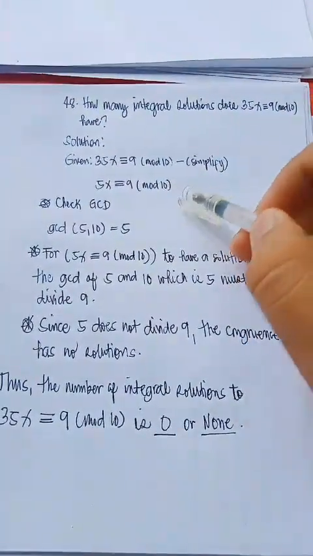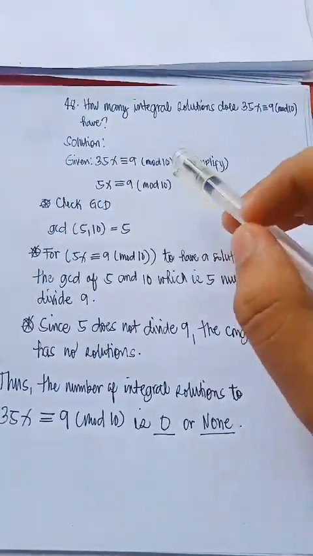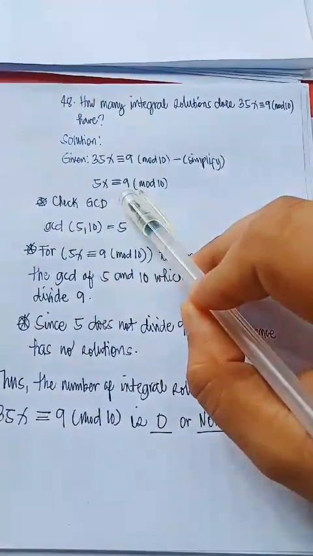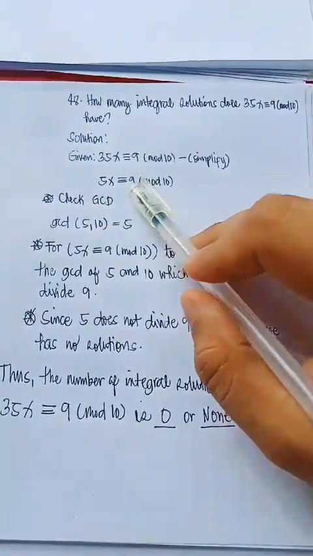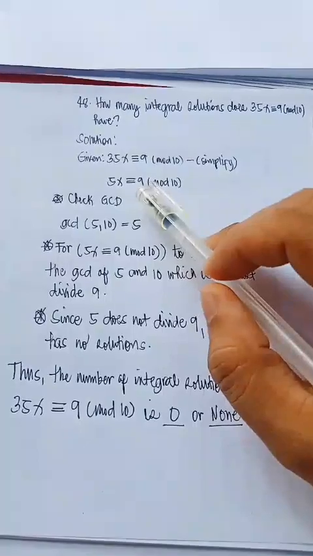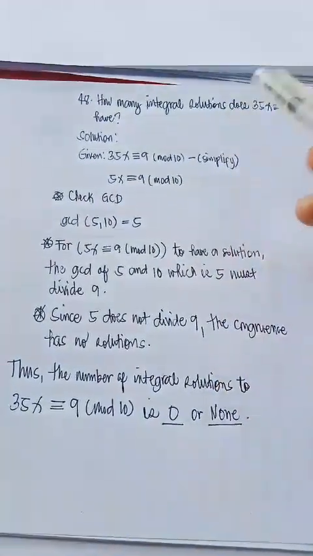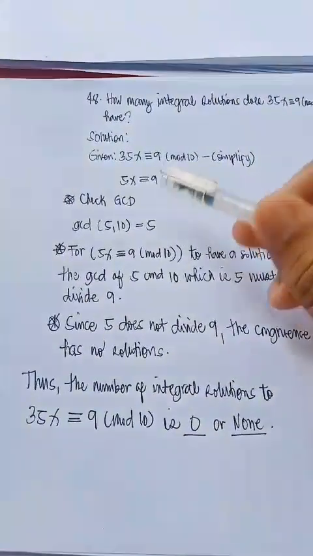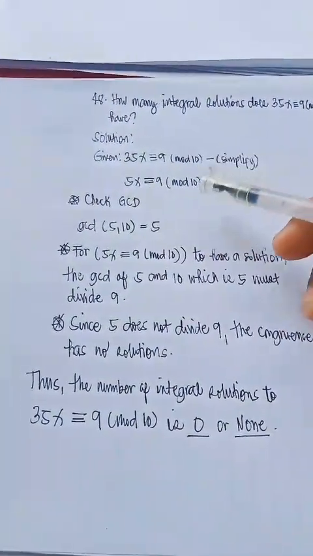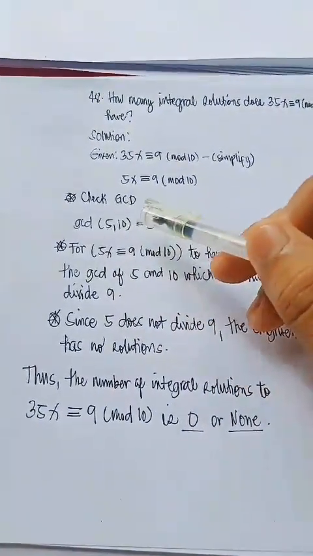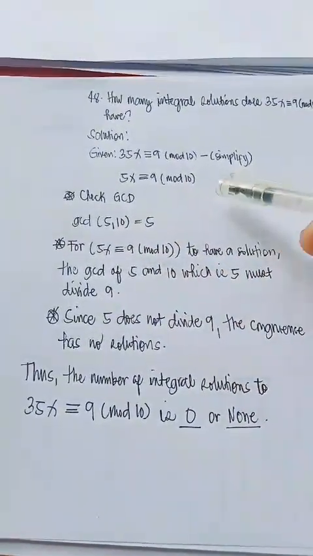We need to simplify the given, so the simplified form is 5x congruent to 9 mod 10. Next, we check the GCD. The GCD of 5 and 10 is 5.